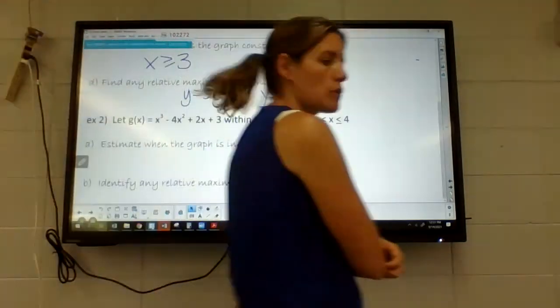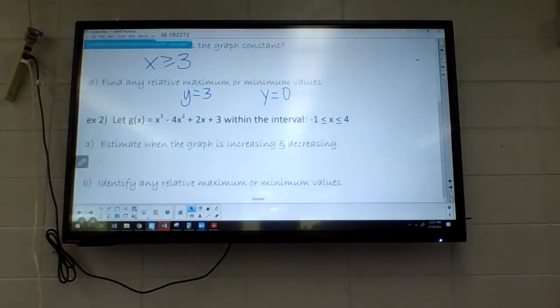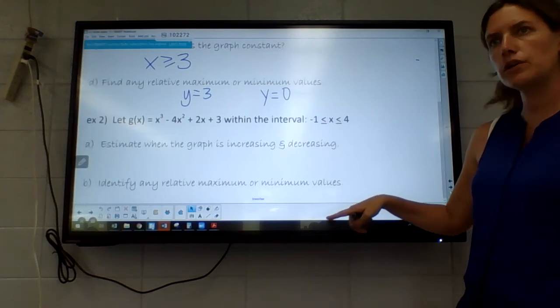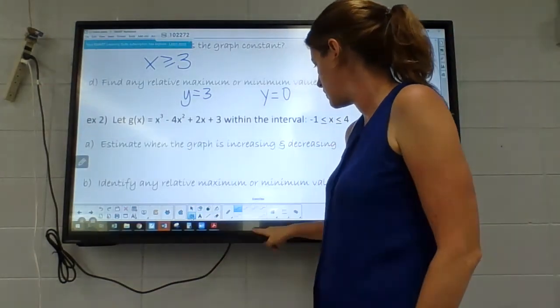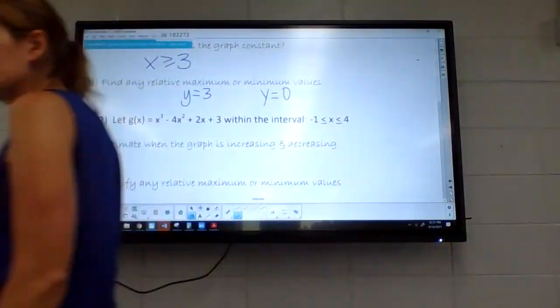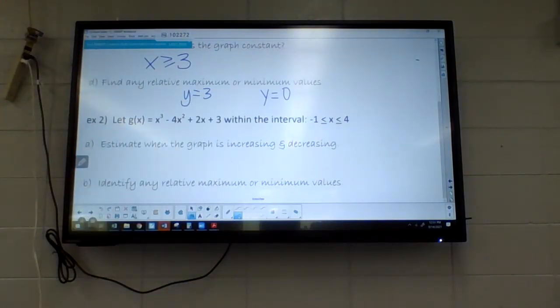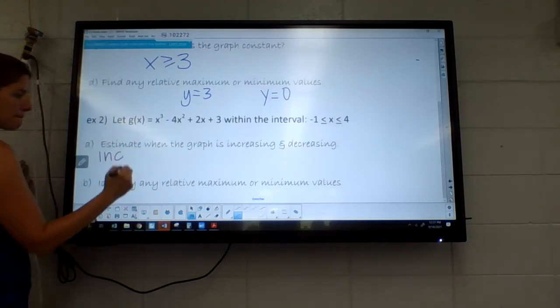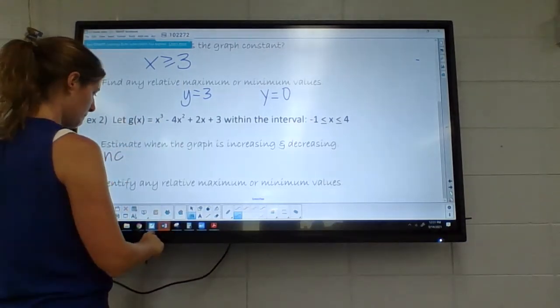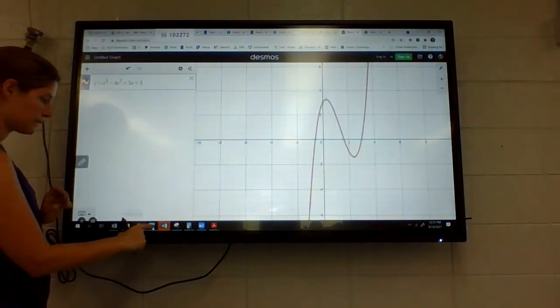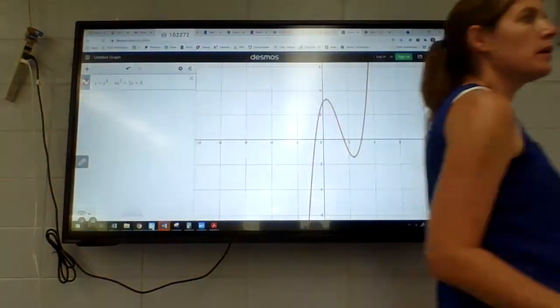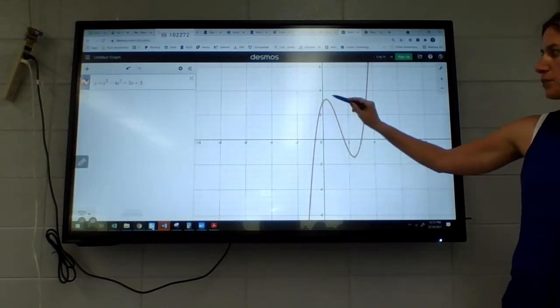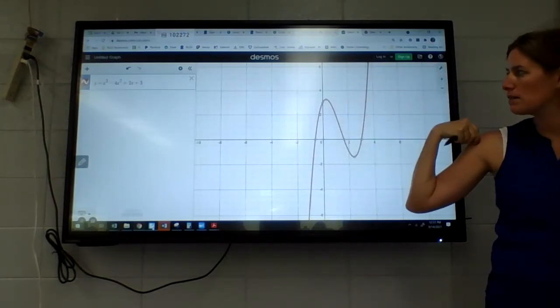Okay, so when is it increasing and decreasing? It's increasing twice, right? What did you guys say? So it starts off by increasing, right? So it increases till when?